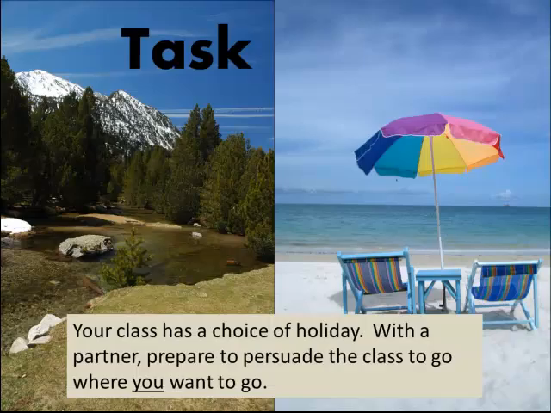An example would be this: you give the learners a task. For example, your class has a choice of holiday, go walking in the mountains, go and lie on the beach in the sunshine. With a partner, prepare to persuade the class to go where you want to go. So you and your partner quickly decide A or B, mountains or beach, and then you have some time together to rehearse and prepare what you want to say, and you're going to tell the class or a smaller group.